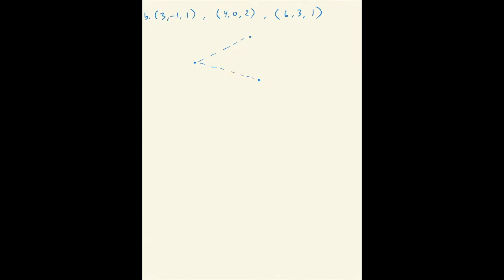You need to set one of these 3 points as your initial point, and then find each vector. If these are A, B, C, then you need to find vector AB and vector AC. Then find the cross product between AB and AC, and you get the normal vector. And you will get the equation of the plane from that normal vector.